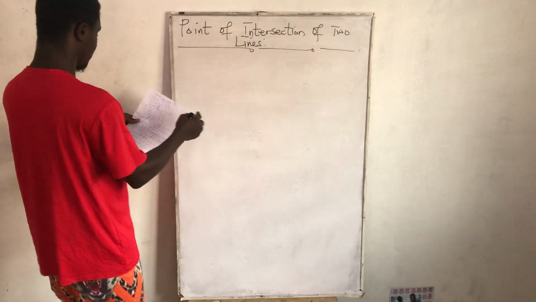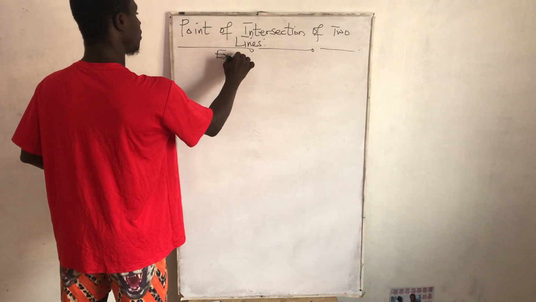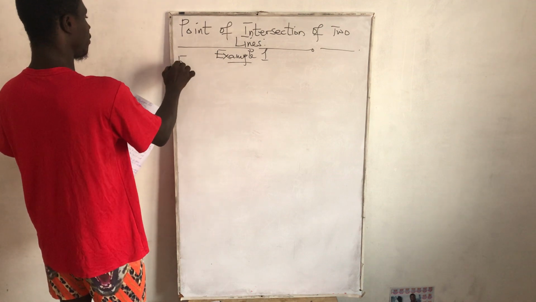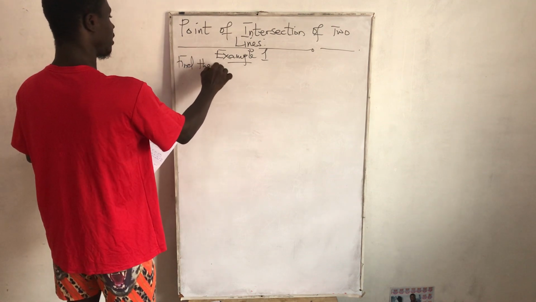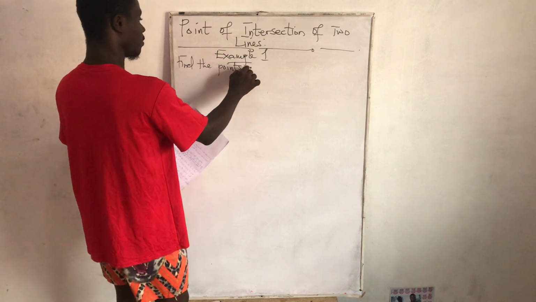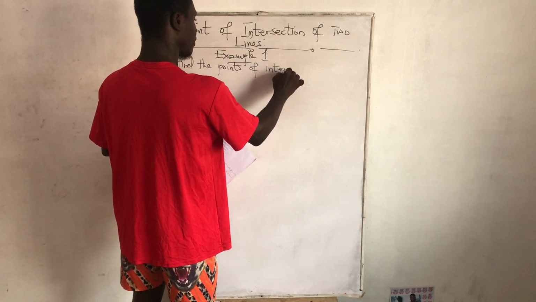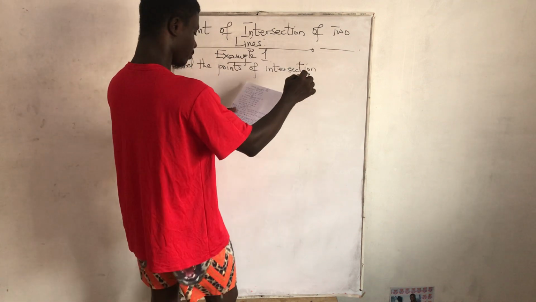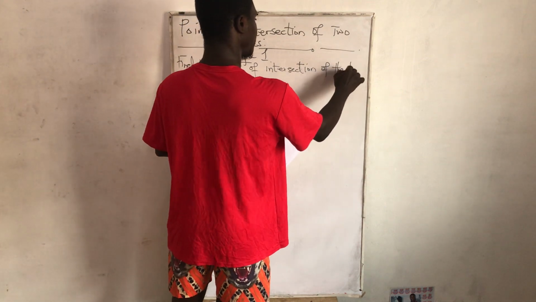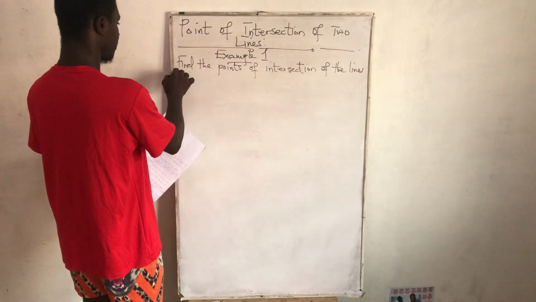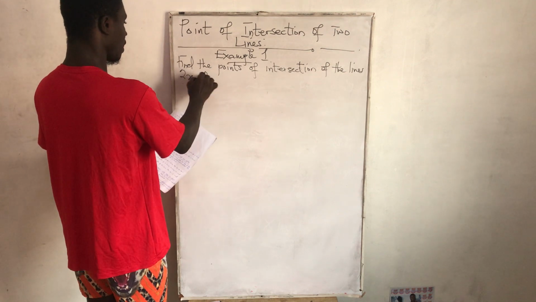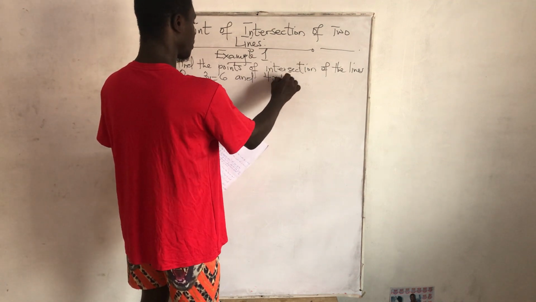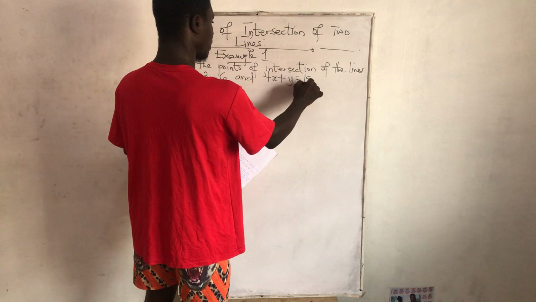Example 1. Find the points of intersection of the lines 2x minus 3y equals 6 and 4x plus y equals 19.